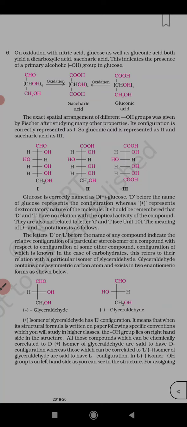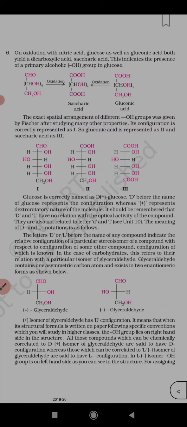So now we confirm that there is a primary OH group, there is a carbonyl, that is aldehyde, and there are 4 OH groups. Now how is the spatial arrangement of different OH groups? This was given by Fischer after studying many other properties.